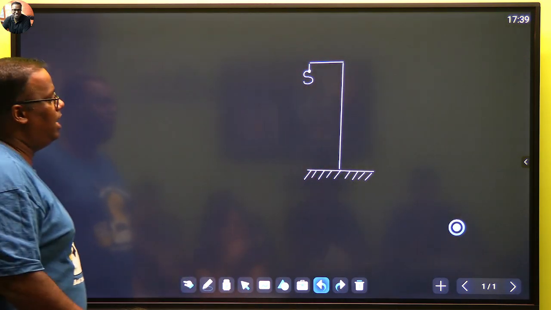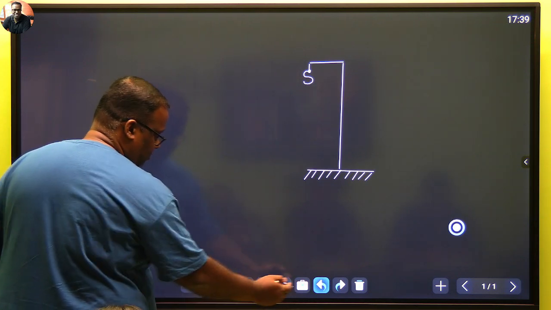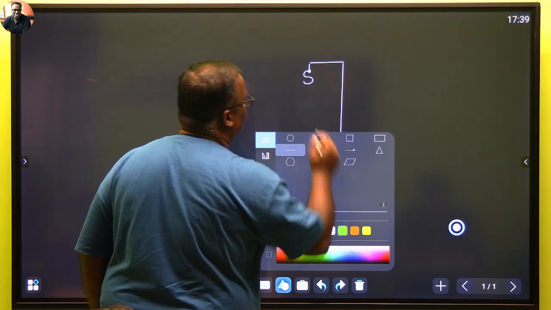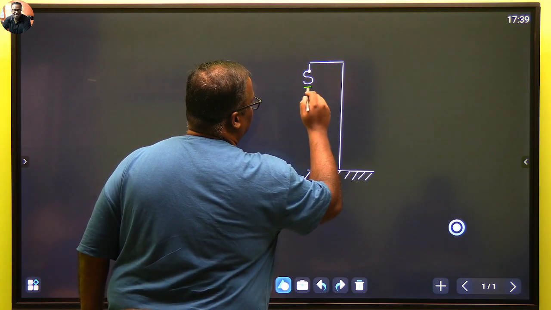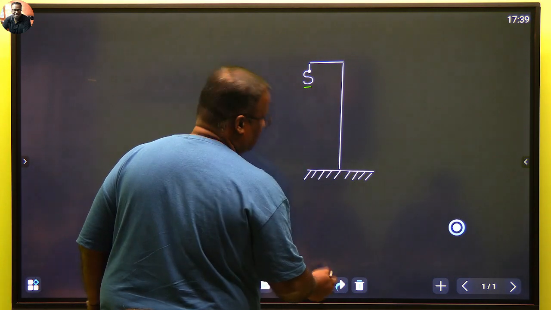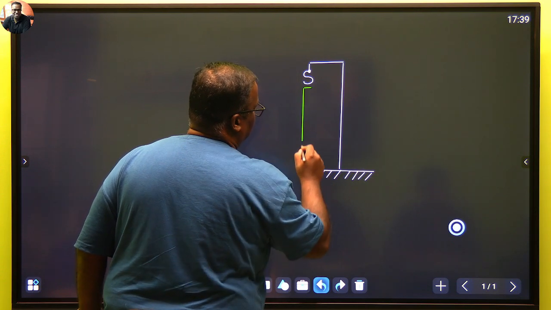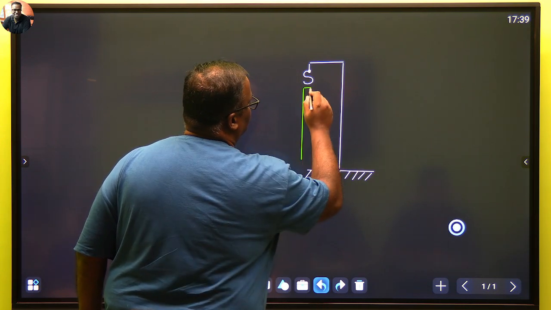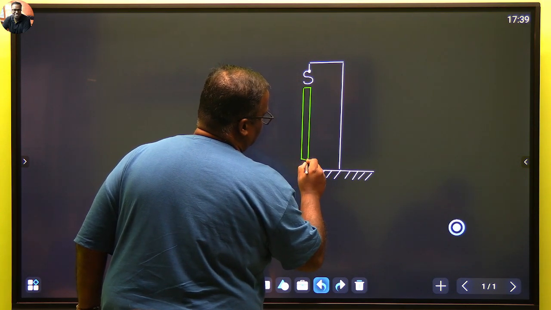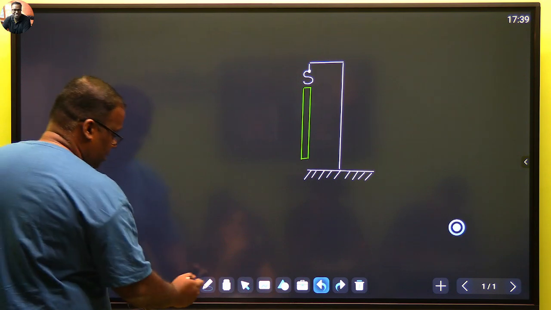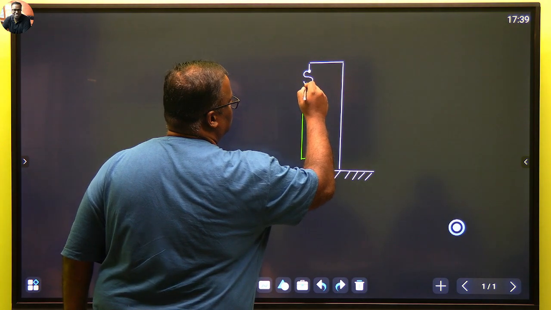Okay, and in this portion, I take a piece of conductor, and this conductor is also connected here with the S sort of a support.